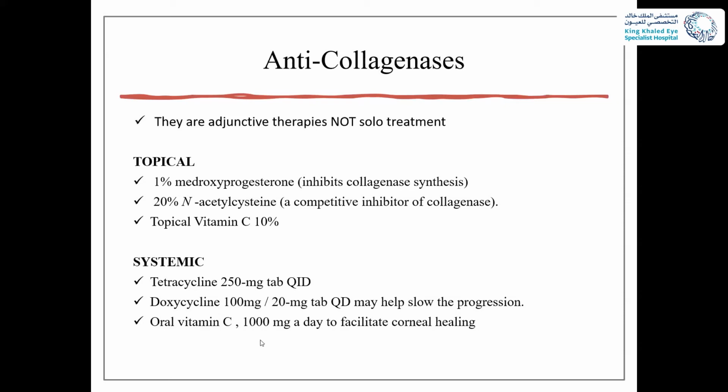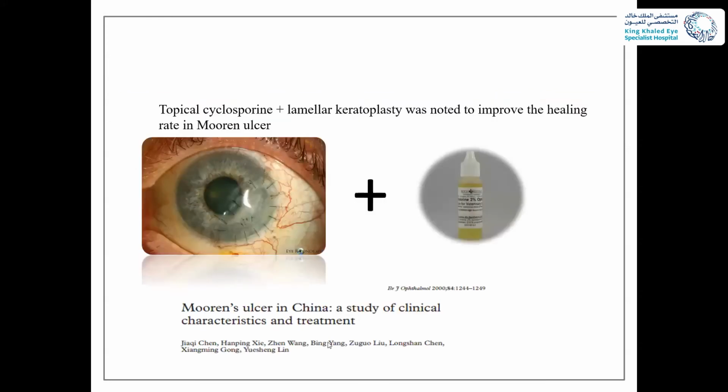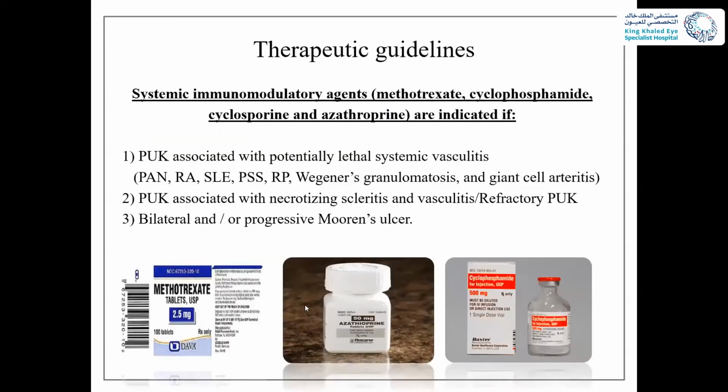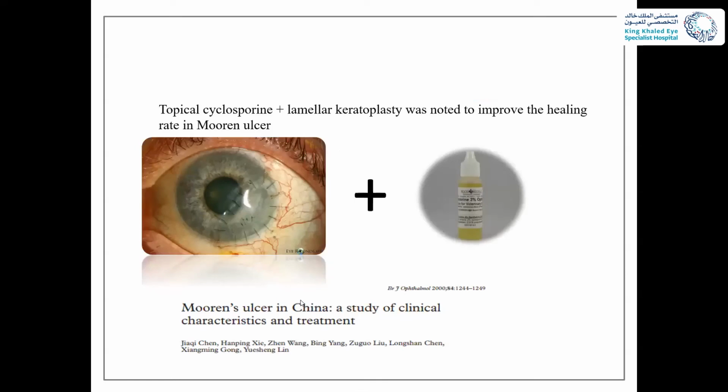Oral vitamin C is of helpful value. We can give up to 1 gram daily to facilitate the corneal healing. Now, topical cyclosporin in conjunction with lamellar keratoplasty was noted to improve the healing rate in Mooren ulcer. And this was found in a Chinese study.